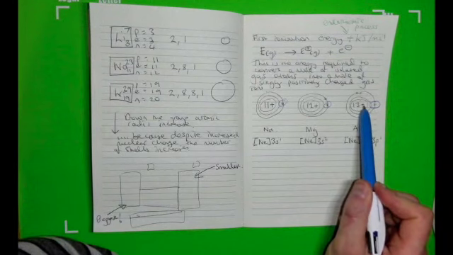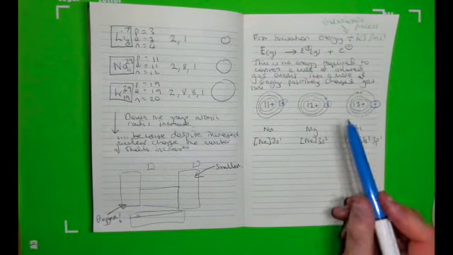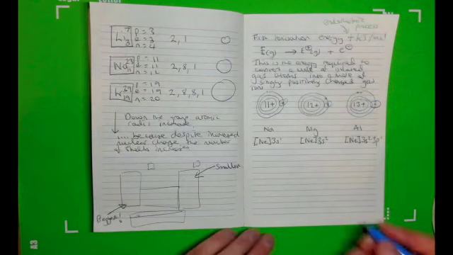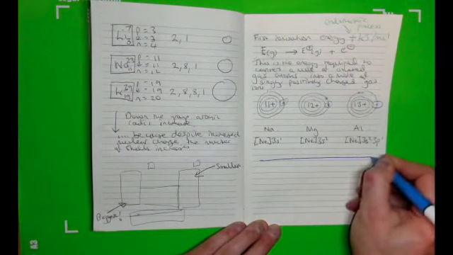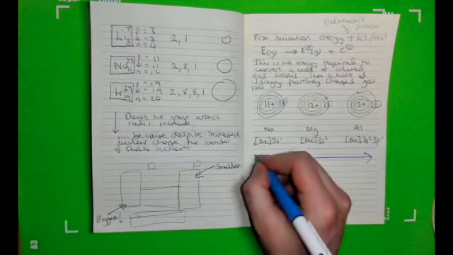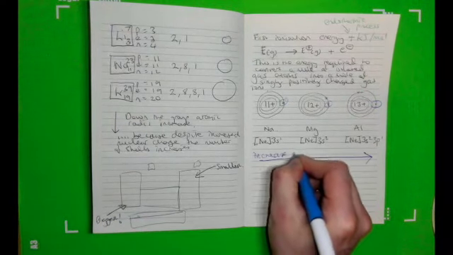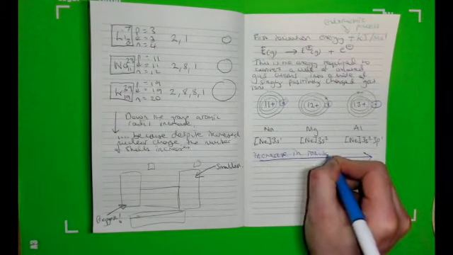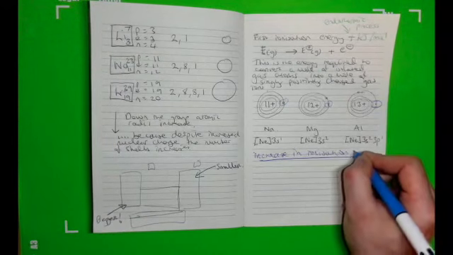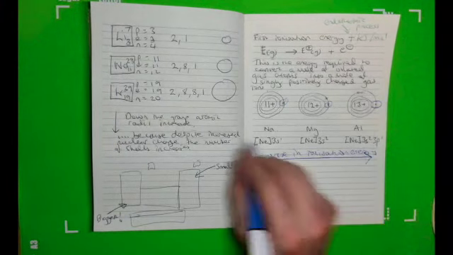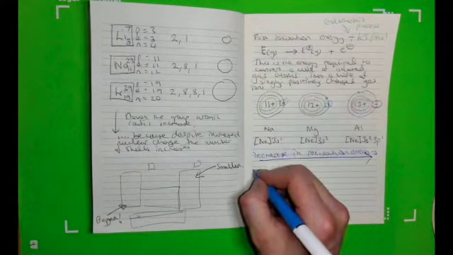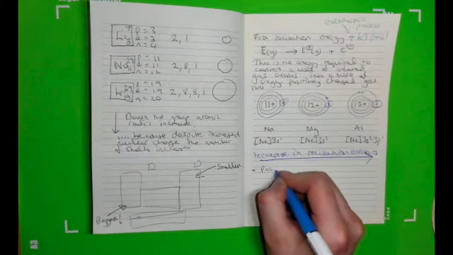Therefore, the ionization energy is going to increase as we go across a period. So I have an increase in ionization energy, and that is because the number of protons increases.